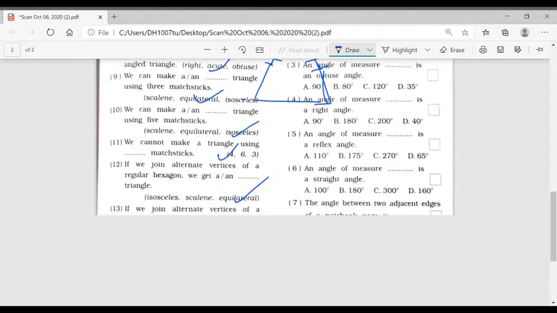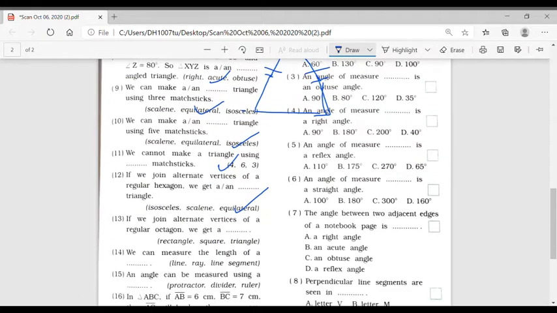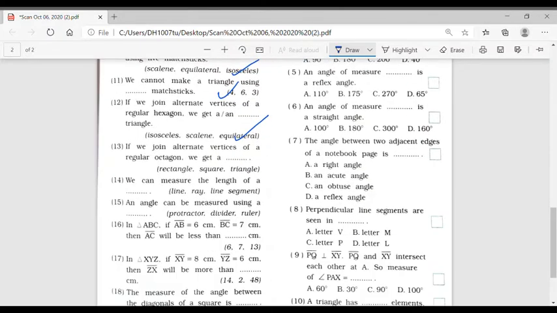Now question number 13: if we join alternate vertices of a regular octagon. I am going to draw hexagon as well as octagon for you. You see, in hexagon we are getting triangle, that you know. In octagon, how many sided figure is there?